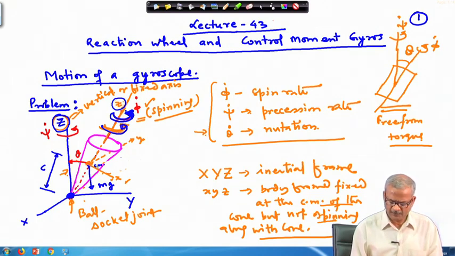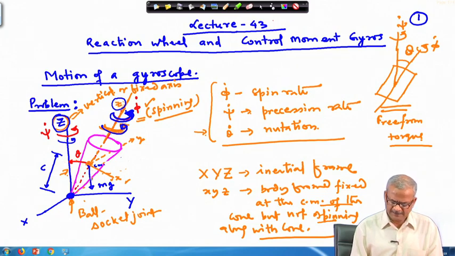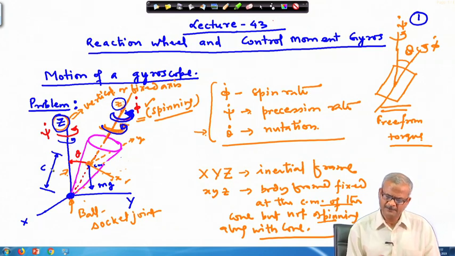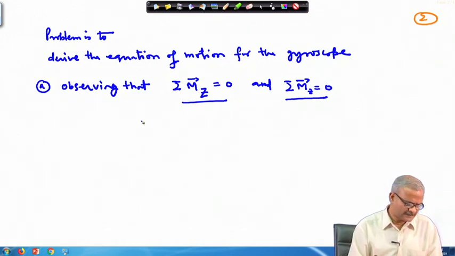Torque due to this will arise along the y axis. Similarly, along this axis there will not be any torque. Though it is precessing along this, you can see the gravity is acting downward, so in no way can the corresponding torque be along this direction. Therefore, these two conditions are satisfied.